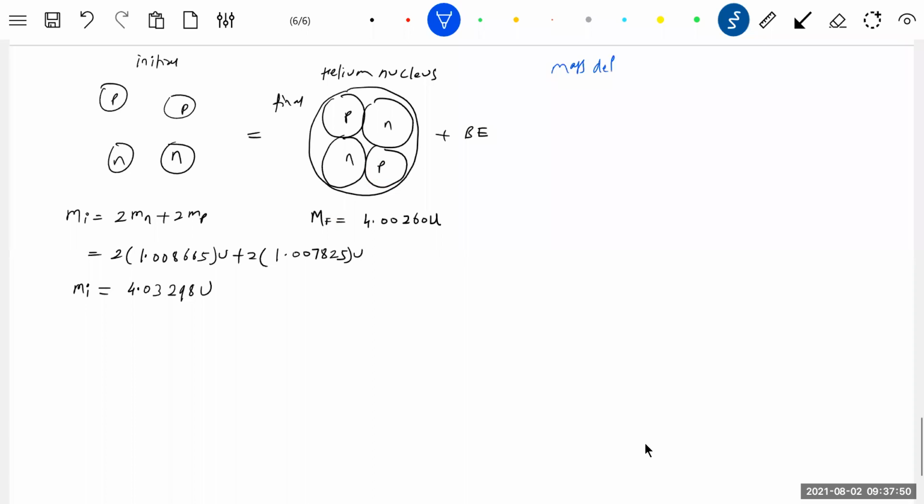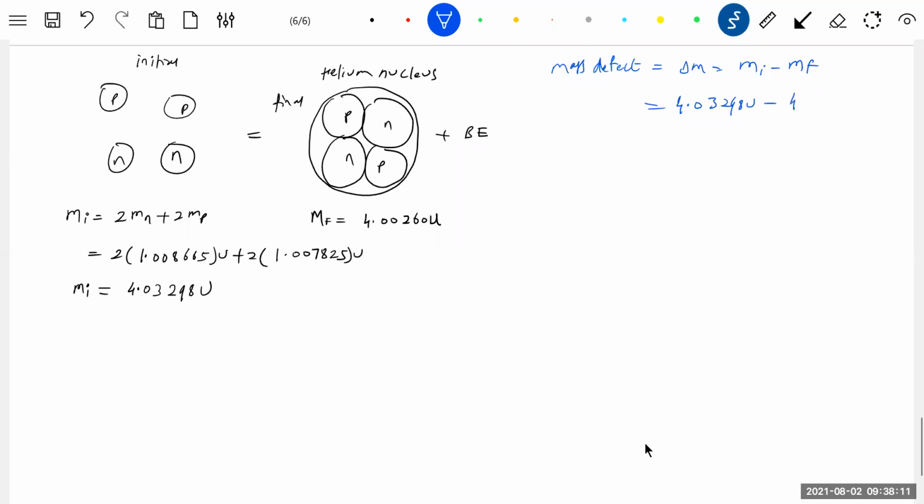Mass defect, which is equal to M_I minus M_F. So this has to be calculated. All our nuclear reactions just revolve around this idea only. Nothing else is there.